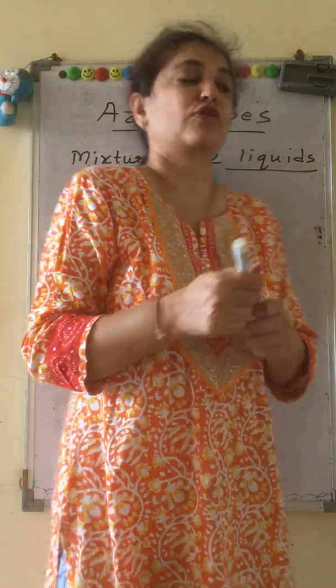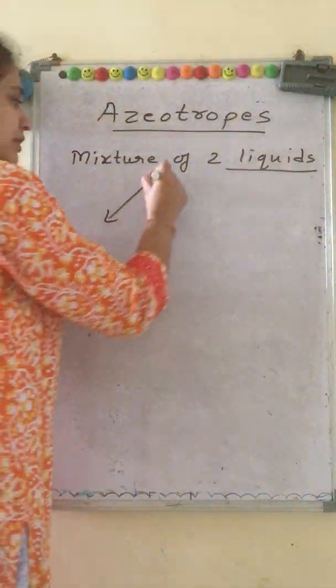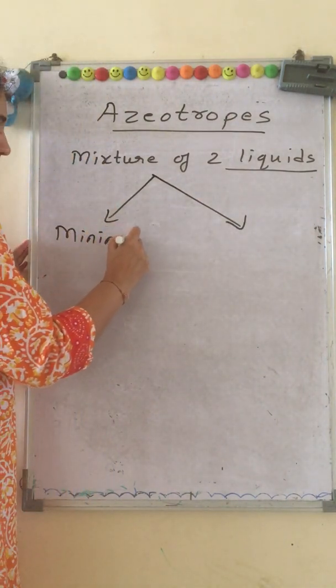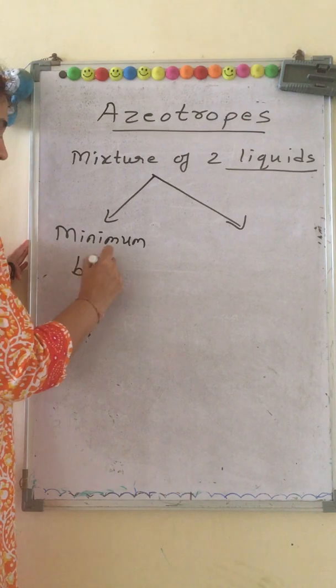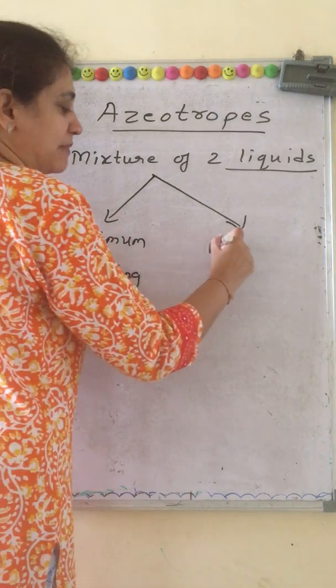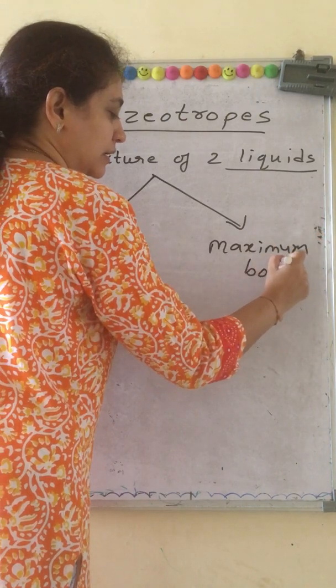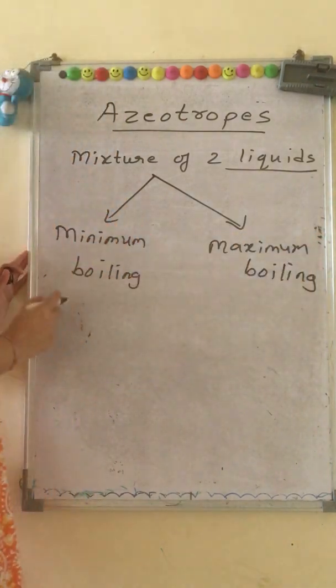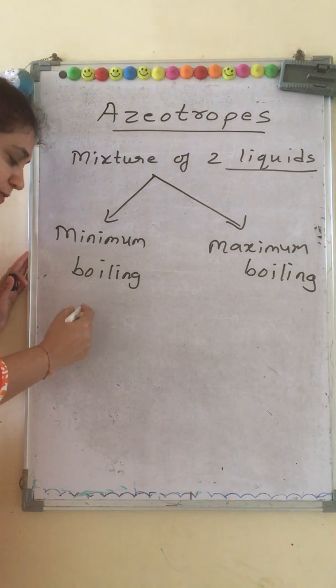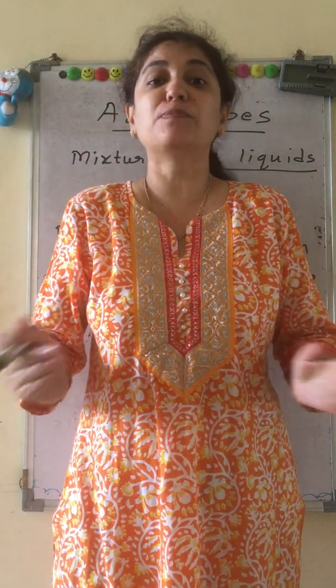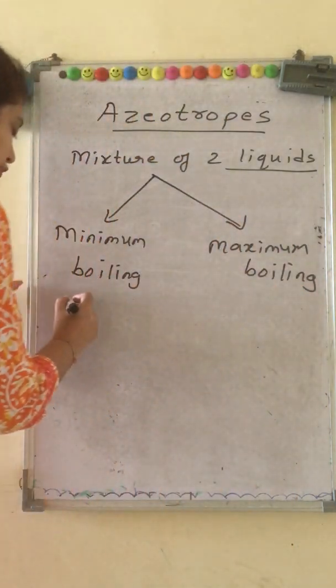Now there are two types of azeotropes: minimum boiling azeotropes and maximum boiling azeotropes. Minimum boiling azeotropes are formed by those liquids which show large positive deviation from Raoult's law.